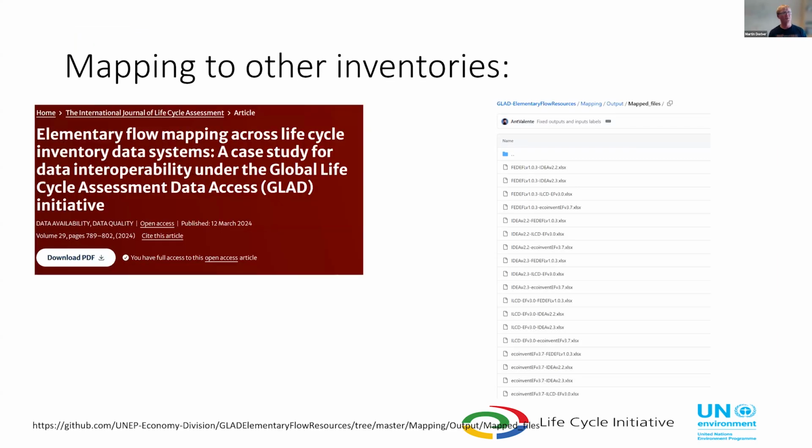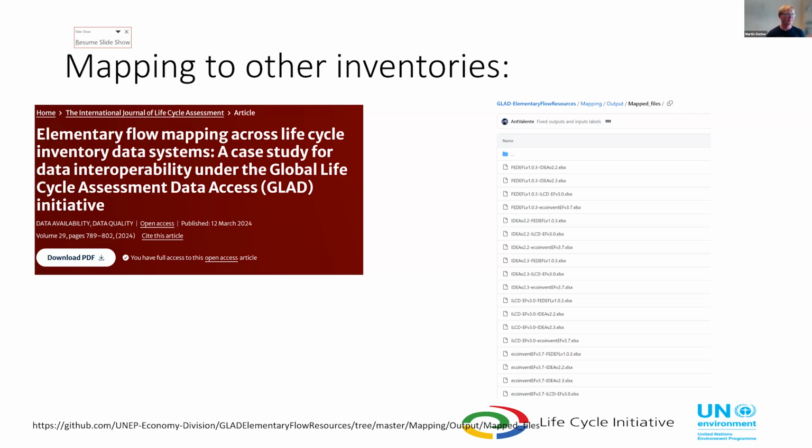And then I also got the question, now that we matched it with the EF list, how can I apply this? How can I proceed with this? The good news is there has been some work done by the Global Lifecycle Assessment Data Access Working Group, and they have published a lot of mapping files from the EF list to other inventories.